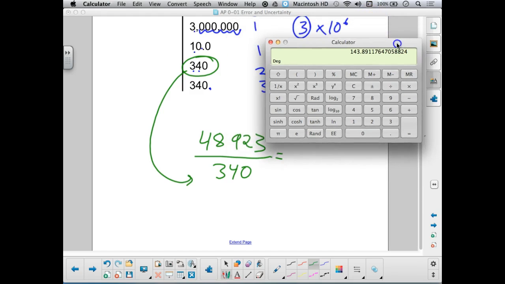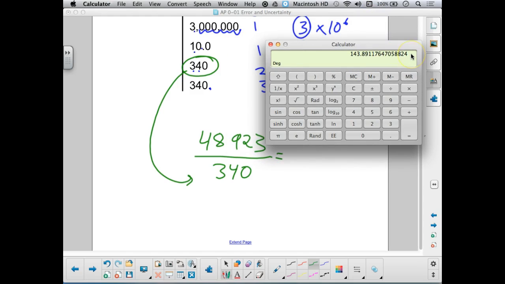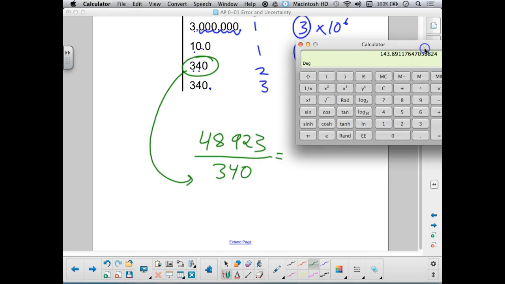Well, look, the calculator gives us all these decimal places. 143.891176.4 and on and on. So it gives us a lot of digits, but we don't actually know the number to that level of resolution. We just don't know it. So we cannot show all of those decimal places.